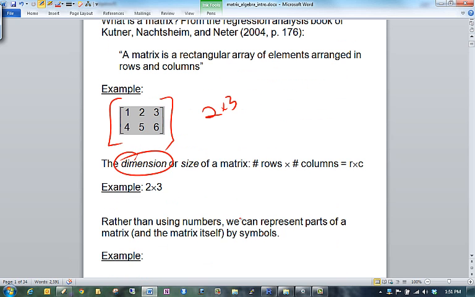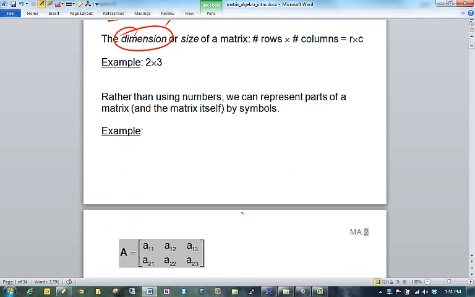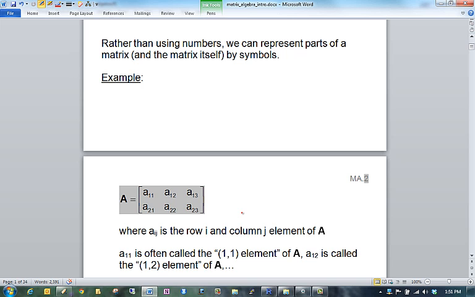Okay. Now that's an example of a matrix with numerical values in it, but we can also use symbols when we want to be very general. So I could define a particular matrix which I call A, and notice here how I have a bolded letter. Typically when you're working with matrices, you always bold a letter or symbol that denotes a matrix. This matrix is also 2 by 3.